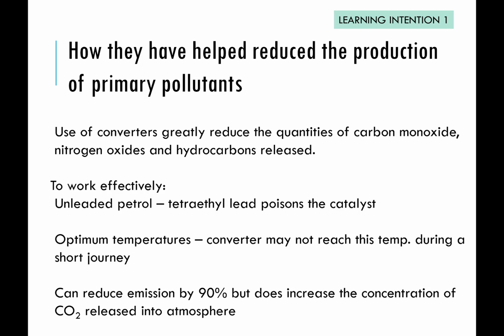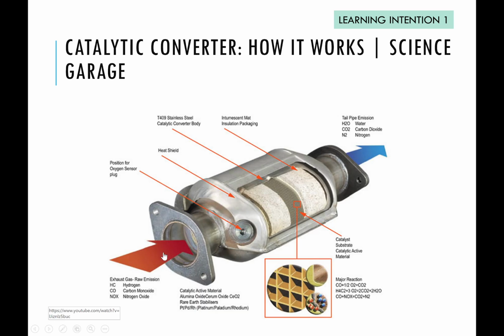So catalytic converters, this is really the science behind it here. We have hydrogen, carbon monoxide, nitric oxides going in, so some of these fuels, and carbon monoxide, nitrogen, goes straight through this porous honeycomb structure, which is coated in these rare earth metals. And we have water, carbon dioxide, nitrogen coming out the other side.